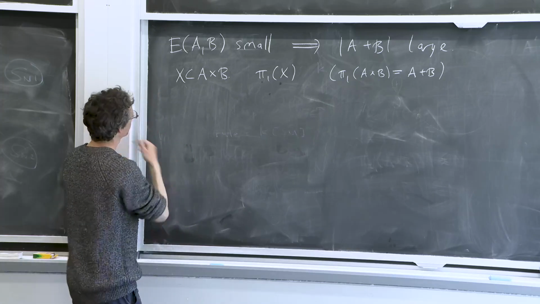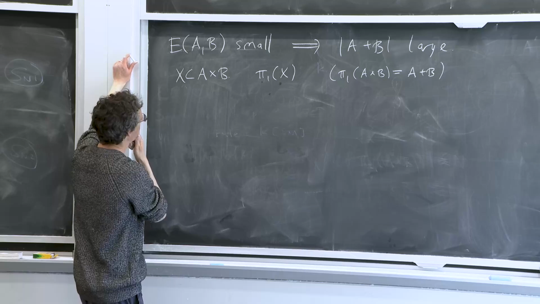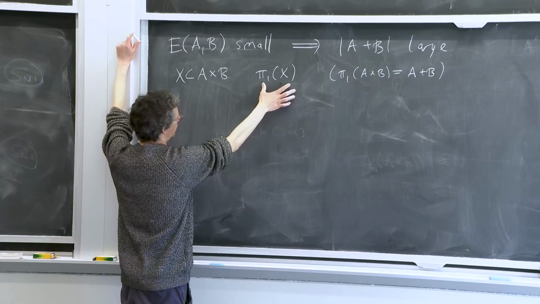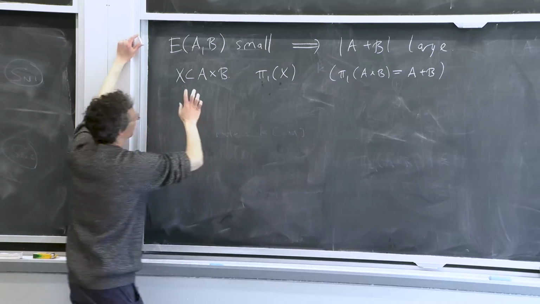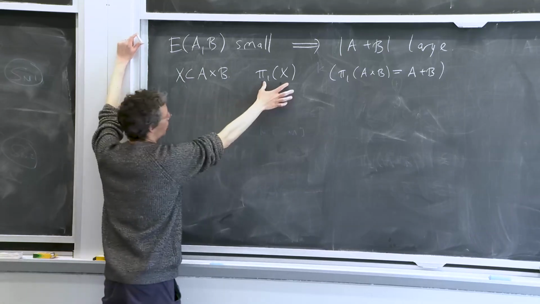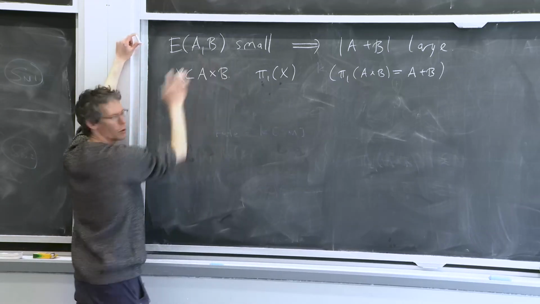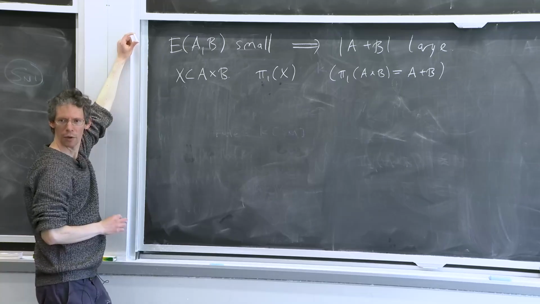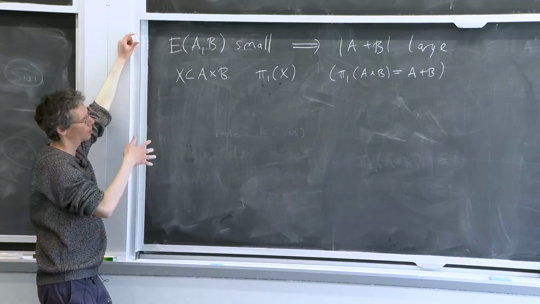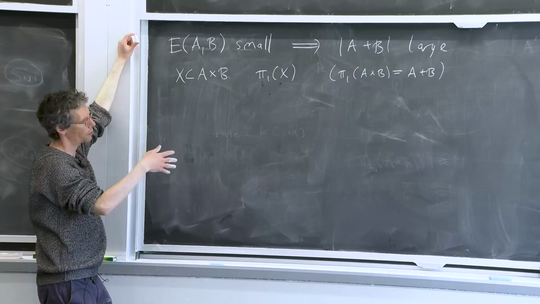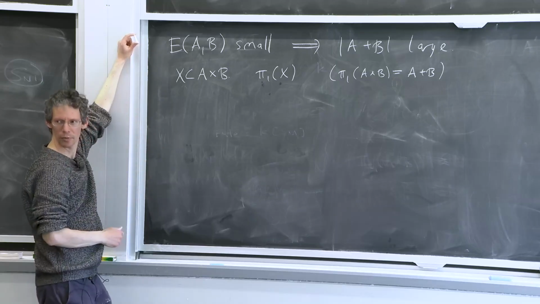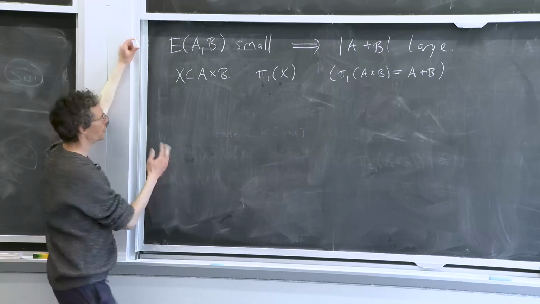So even if pi1 of x were small, if x was a large set and pi1 of x were small, that would still produce a lot of energy, because that would still be a bunch of numbers z that have many representations as A plus B. Let me just write it down.